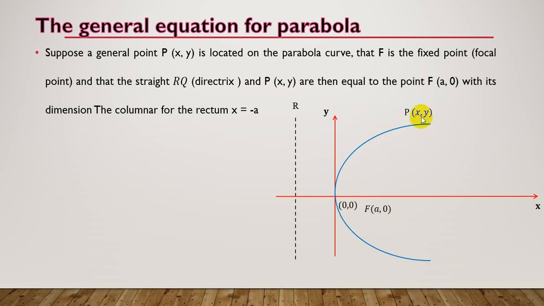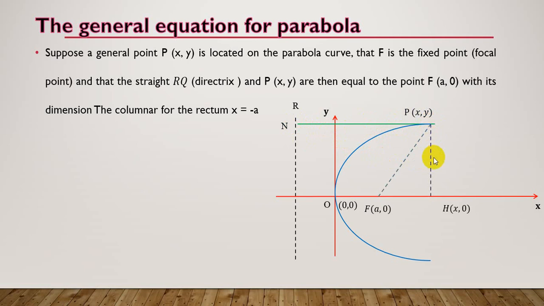The distance coming from that point along the curve to the focus we call BF, and BF should be equal to BN.